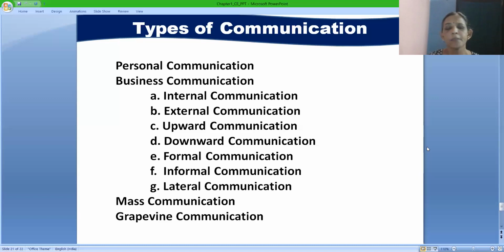Say, for example, you are a class representative of BBA first semester, and you are interacting with the class representative of BBA first semester section B. Both of you are at the same position, but your communication is lateral, from one section to another.